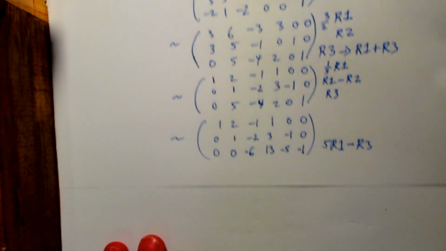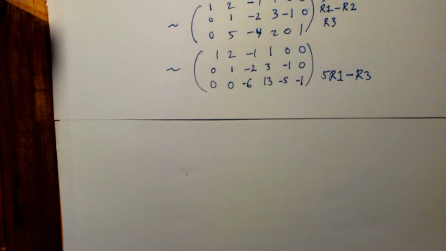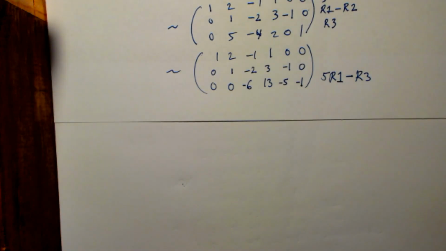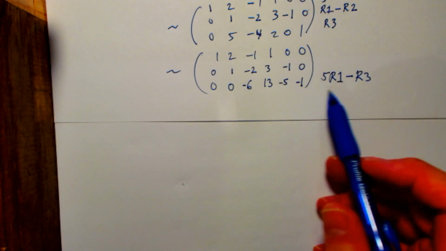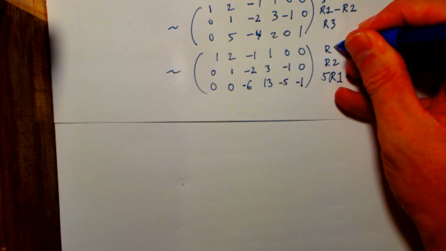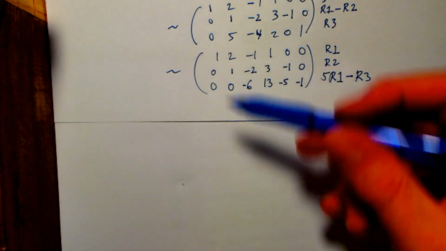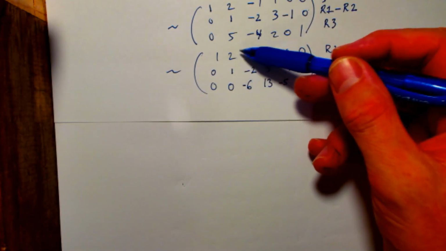Okay, so need more paper now. So next we can clearly multiply row 3 by minus 1. Can we do anything else at the same time? Well, we can make it possible to subtract, get rid of this 2 right there.